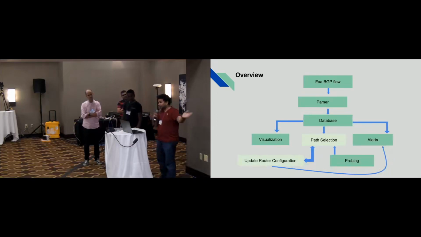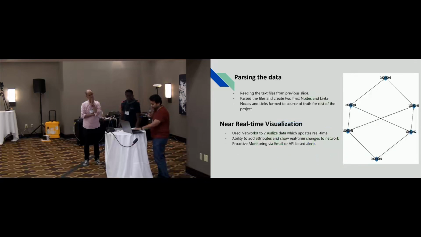We didn't have enough time to move it into InfluxDB, so we just stuck to CSV. And we had visualization on one side, and we set up alerts where an email client, if it sees any changes, just sends us an email. And we have probe packets, which team 2 has worked on. They'll talk more about it and integrate it into the path selection.